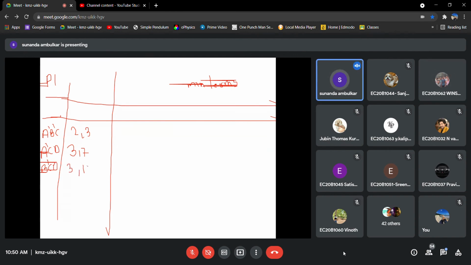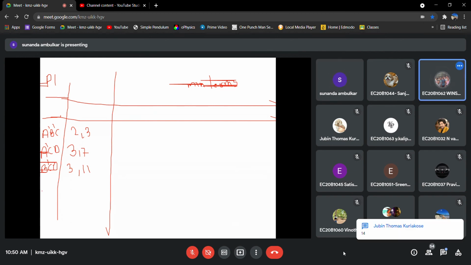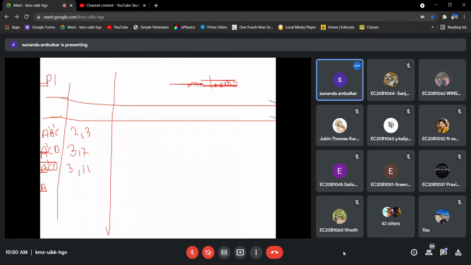Next is A B dash D, that's 9 11. And then A C dash D, that's 9 13.